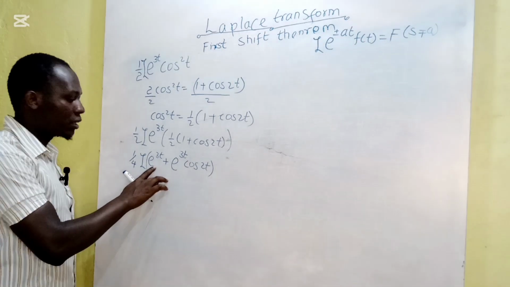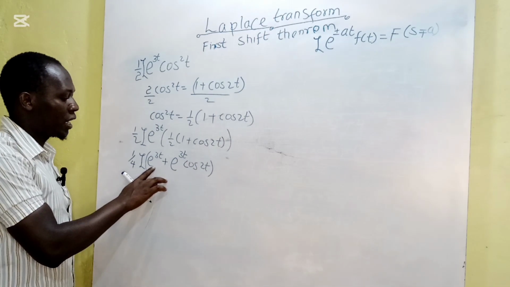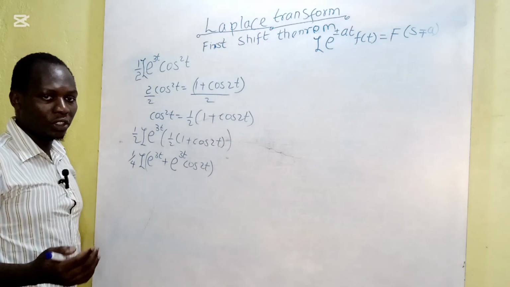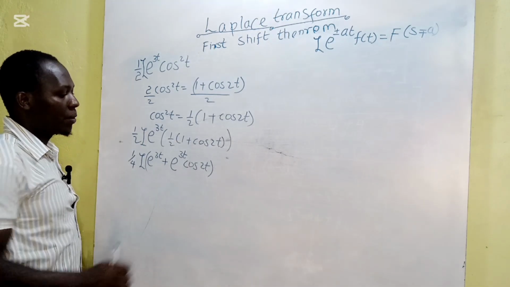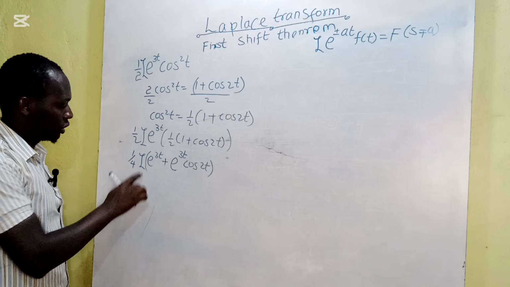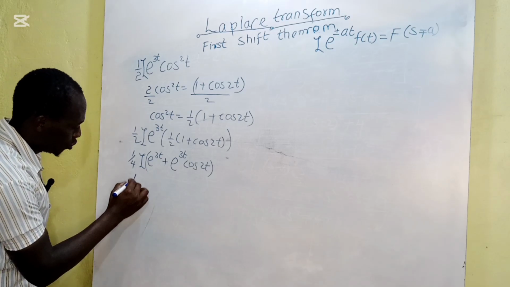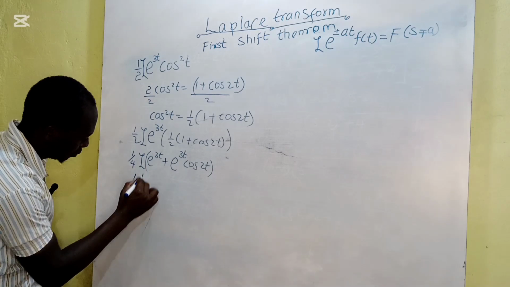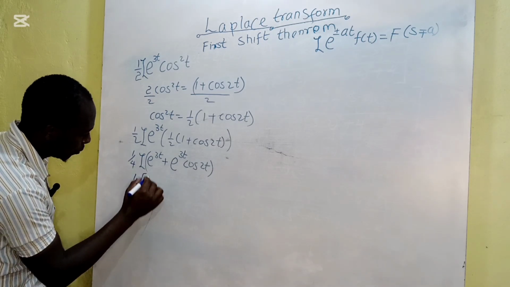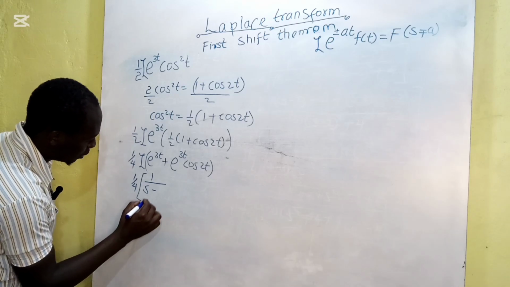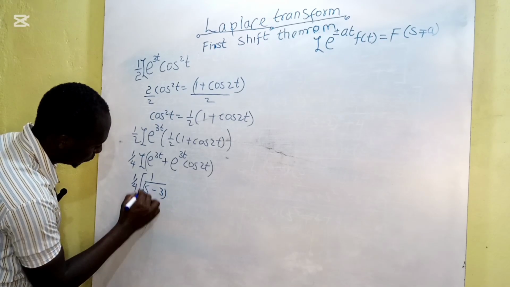Here we are going to find the Laplace transform of this function of our exponential directly, because we do not have a function f of t. But here we are having our function f of t. The Laplace transform of our function here is going to be a quarter. We multiply by 1 all over s, we subtract from 3.